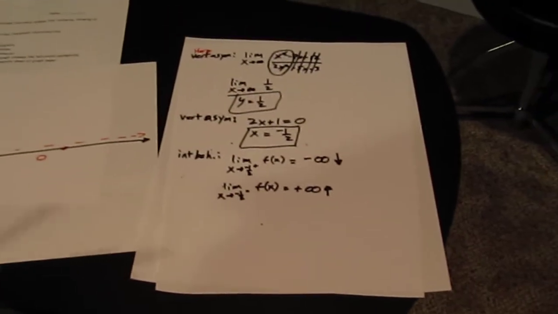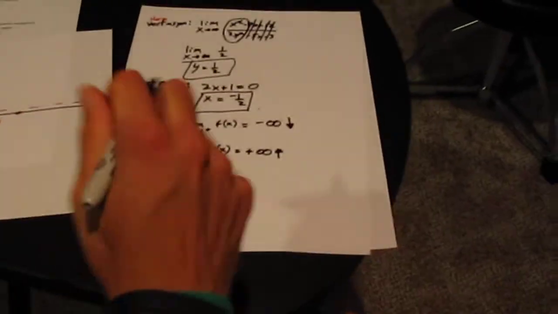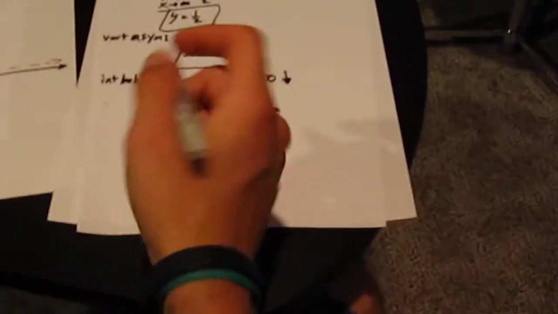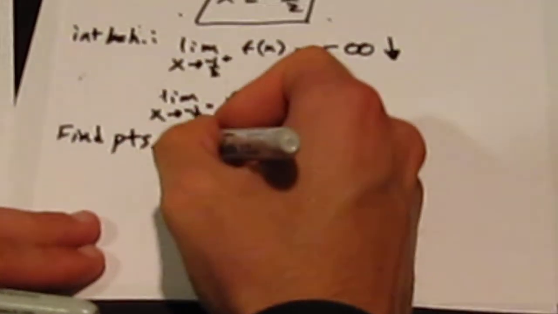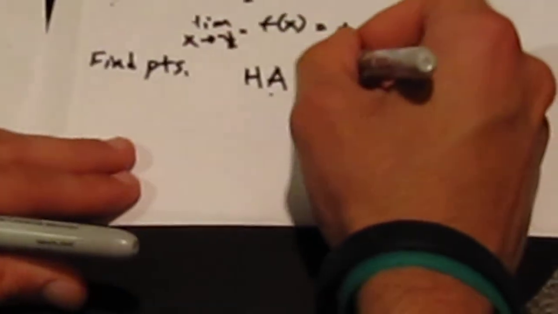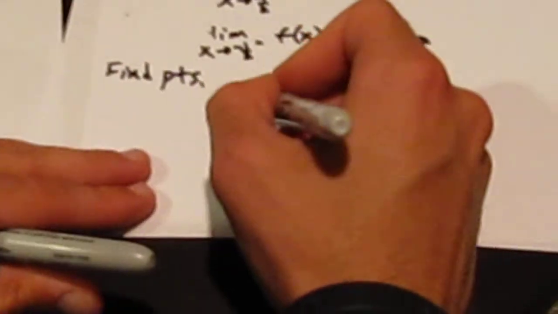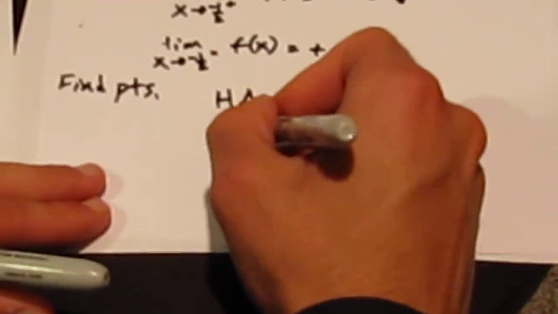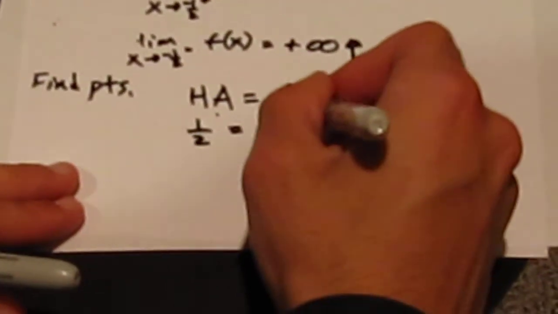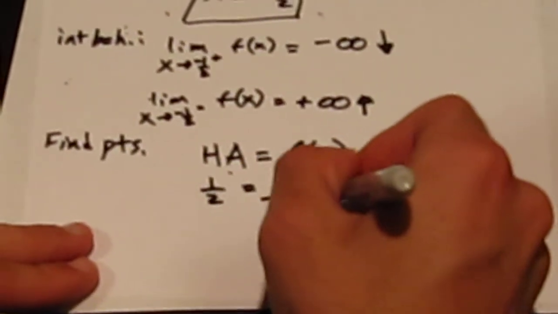Okay, so next we have to find any points where the graph crosses the horizontal asymptote. So find points. What you do for this is you make the horizontal asymptote equal to f of x. So 1/2, the horizontal asymptote, equals x minus 4 over 2x plus 1.